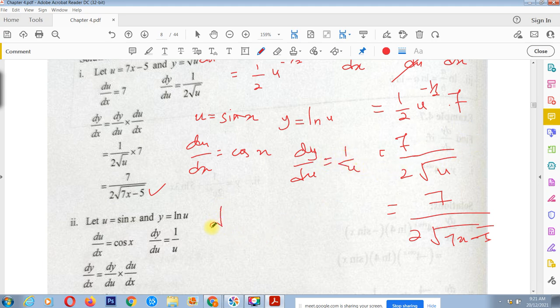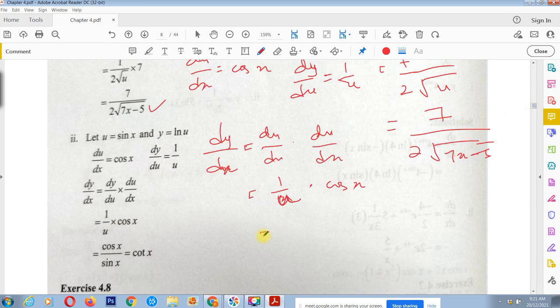So now dy dx equals dy du times du dx, which is 1 over u times cos x. What is u? u is sin x. So we got cos x over sin x.